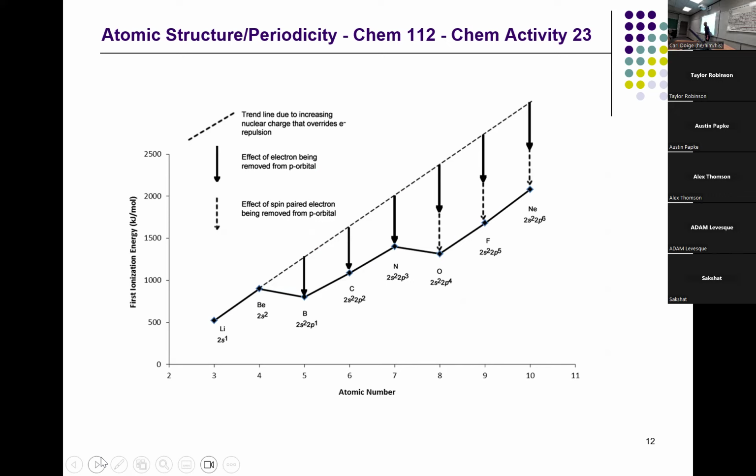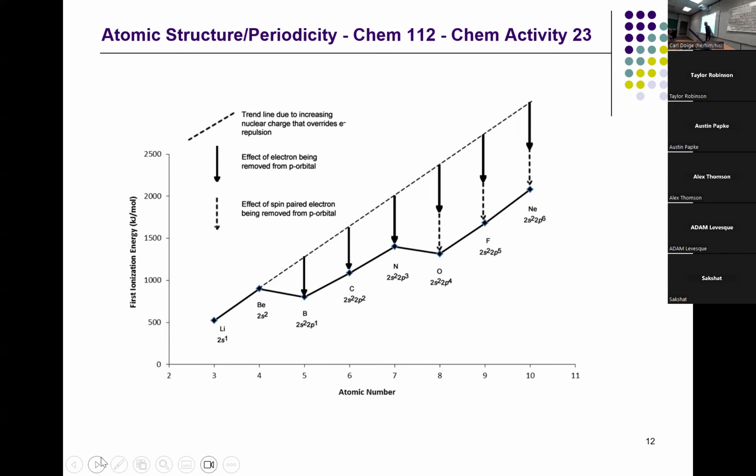But the idea is, in going from beryllium to boron, you can now see we're removing electrons from the p orbital. So all of these are less energy than what you'd expect because they're from the p orbital. What's the difference? Why does that make a difference? The p orbital is further away from the nucleus.